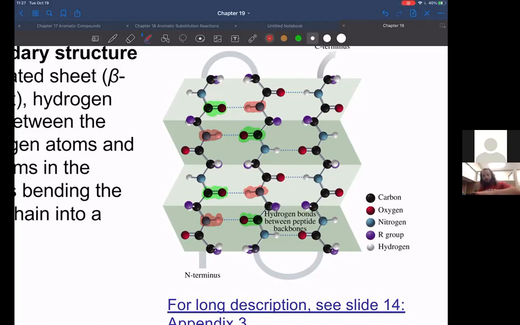So these form what are called beta pleated sheets. You can see this almost zigzaggy pattern that's formed between the backbones. And then the R groups are sticking either up or down, right? So above the plane, sticking out at you, these R groups.